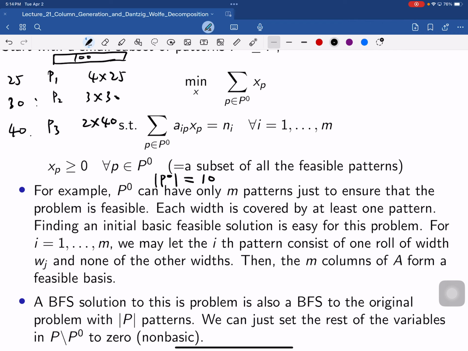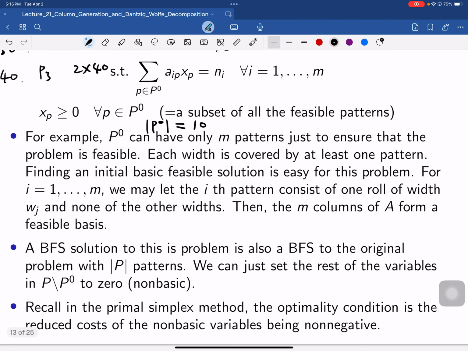You are just introducing a subset of the columns. All the rest of the columns, you don't care about them. You set all those variables to be non-basic variables. Since you only include a subset of these patterns, your basic variables have to be chosen from the patterns you have added.